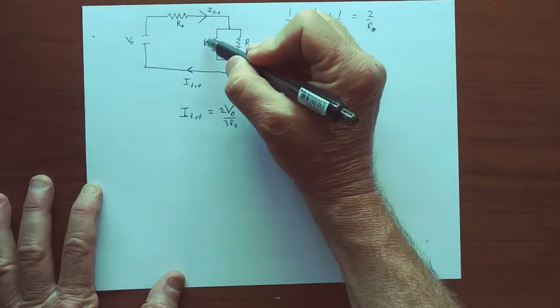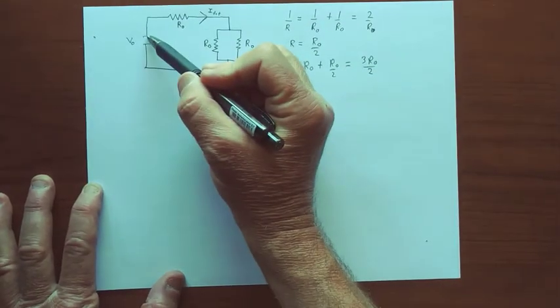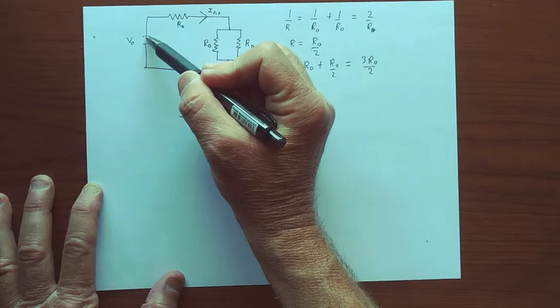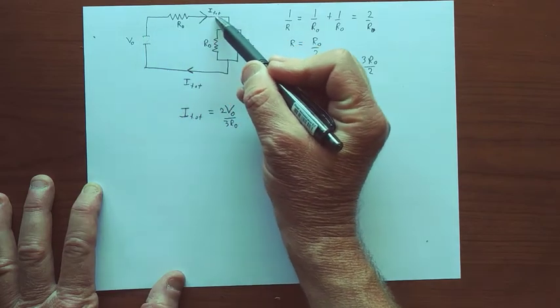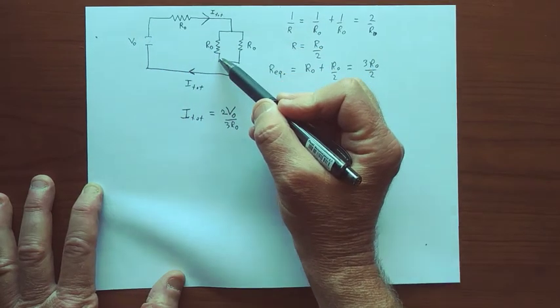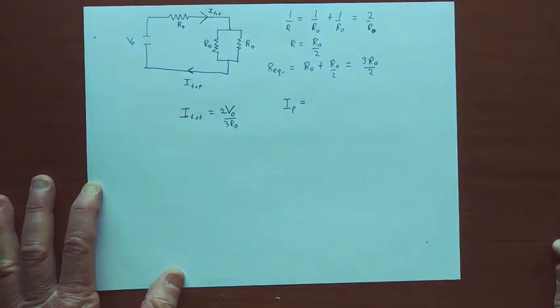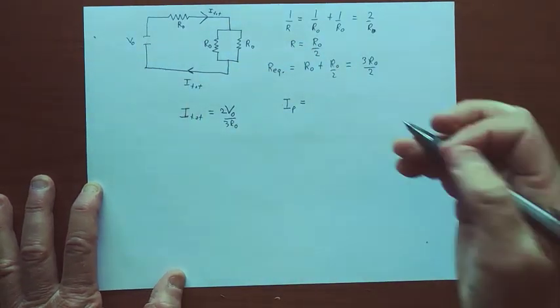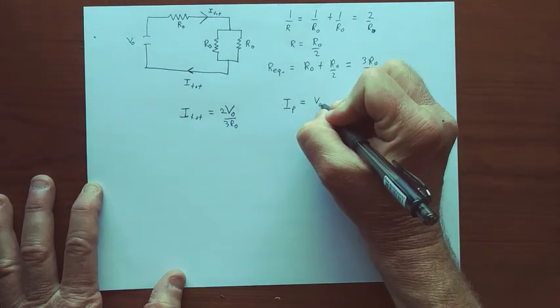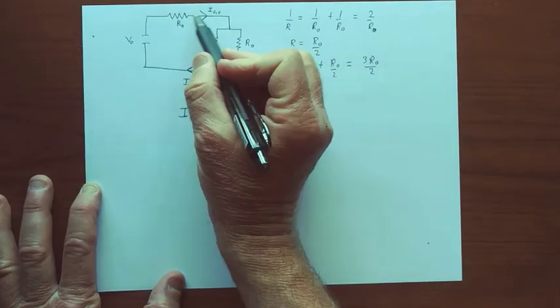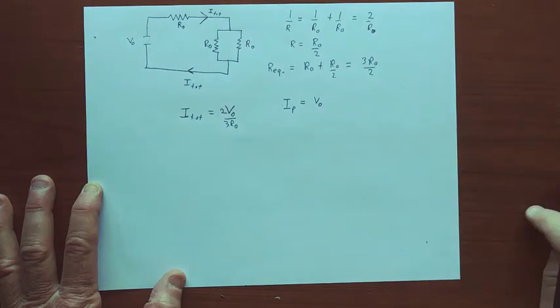But what's the voltage through here? Well, when we come across here, we have V naught, and so we come all the way around on this path through this resistor and back, that has to be equal to V naught. So we have V naught, but we have to subtract the voltage across here. So if Ohm's law is obeyed there, what's the voltage across there?